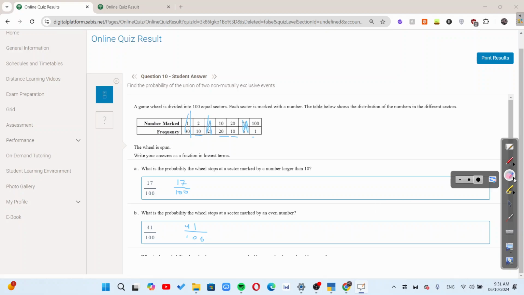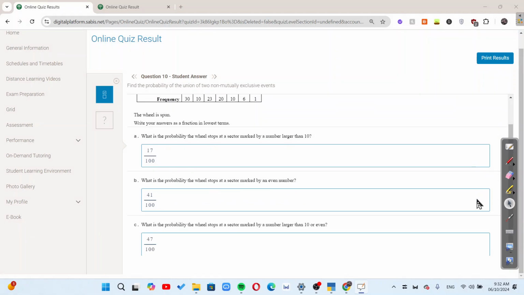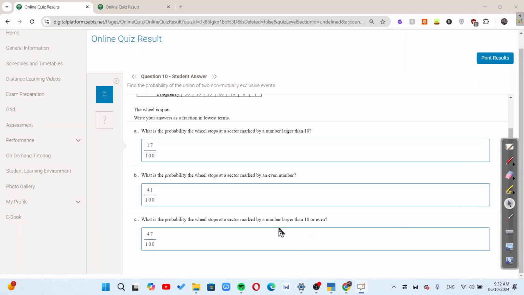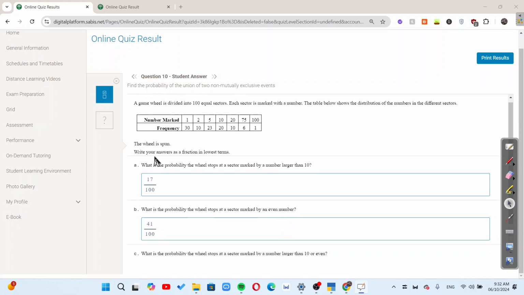Now for part C. What's the probability that the wheel stops at a sector marked by a number larger than 10 or even? So you want numbers that are larger than 10. So all of these are accepted because they're all larger than 10. And even, or like you can look at even numbers as well. So definitely not 5 and not 1, but 2 and 10 are even.